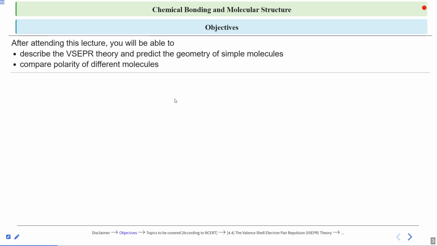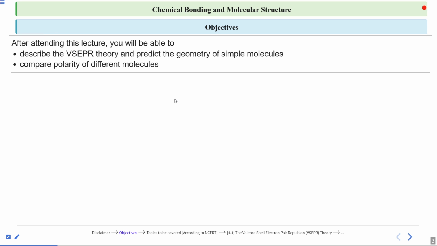And after that, I will use this VSEPR theory to predict the shape and geometry of some molecules, and then I will compare the polarization of the bonds, right? So that is the important part. I have not got into the depth of the polarity because at that time we were unaware about the structure.